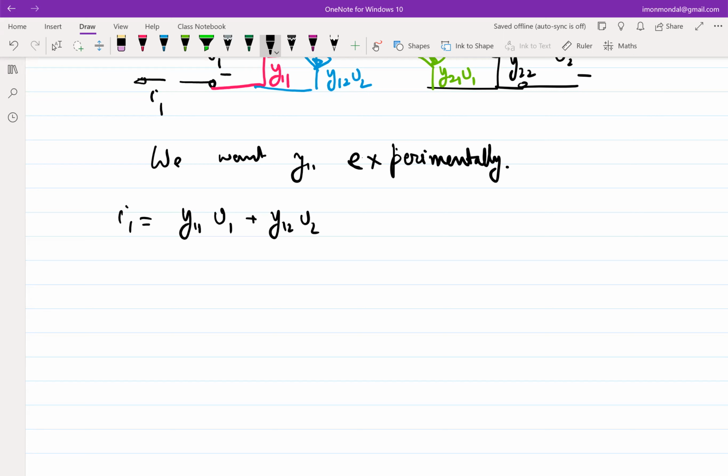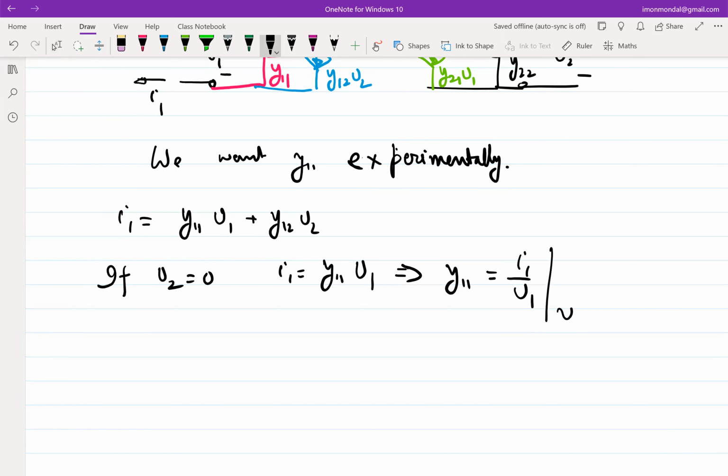Right? From the maths, it directly comes out: if V2 is equal to 0, I1 is Y11 V1, which means Y11 by definition is I1 by V1 when V2 is equal to 0. Right?